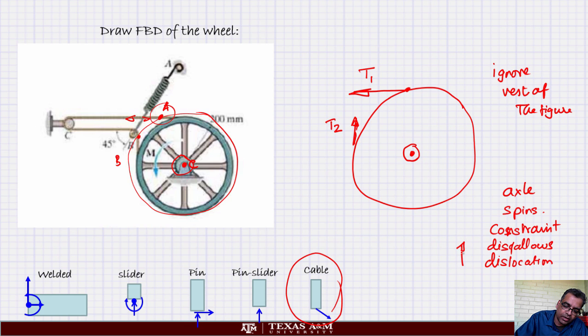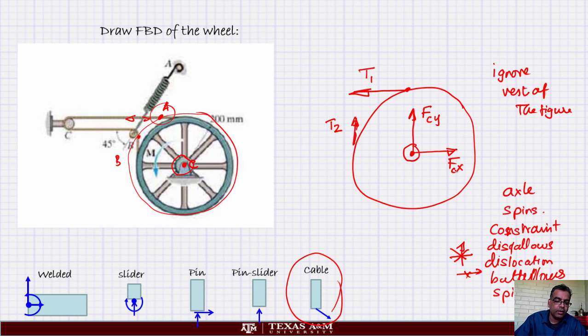That is, it does not allow either this motion or this motion, but allows spinning. So I'm going to go up here and I'm going to say, okay, this force is necessary to disallow X motion. This force is necessary to disallow Y motion. T1, T2. So it takes care of all of this.